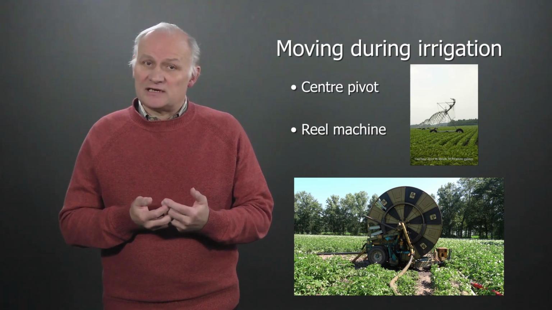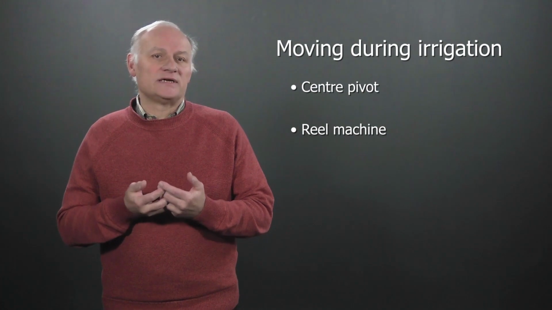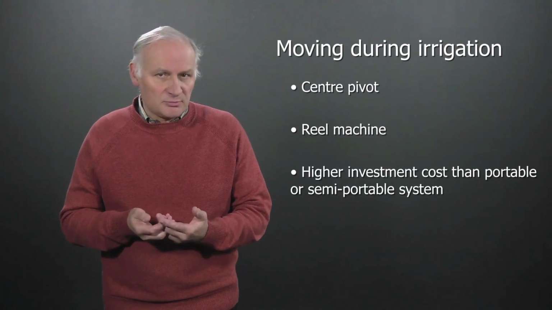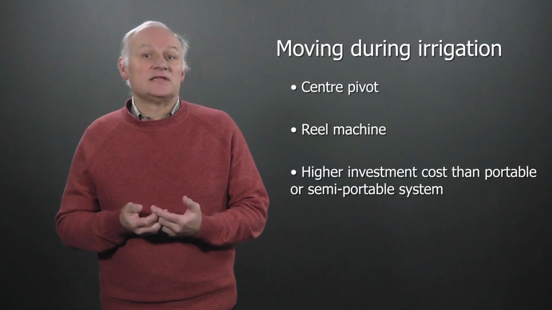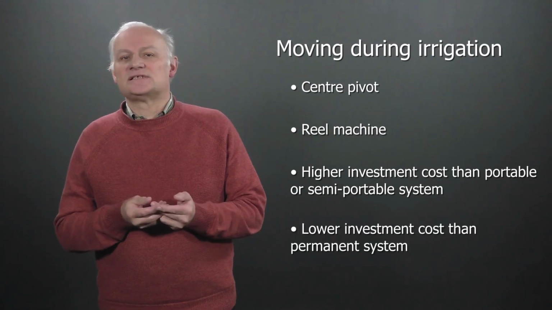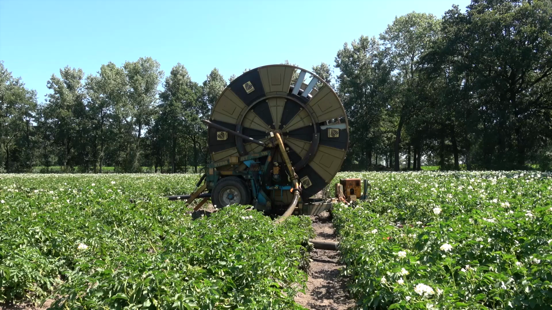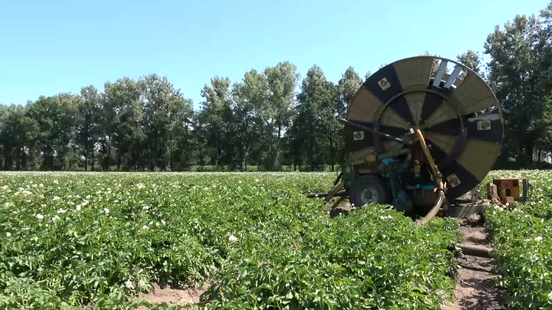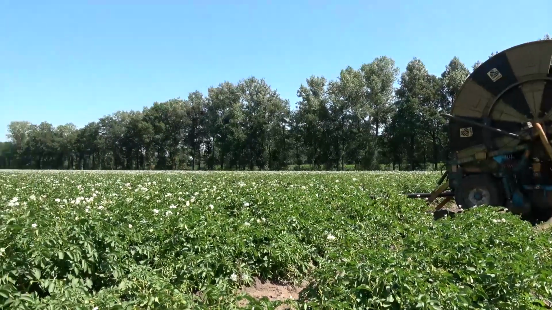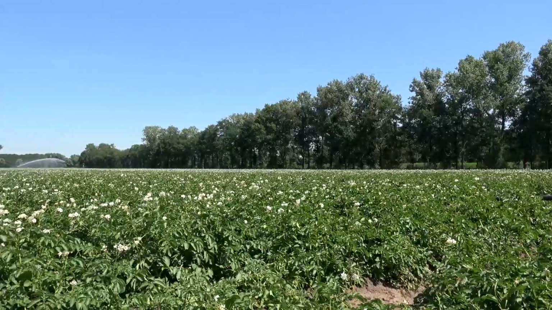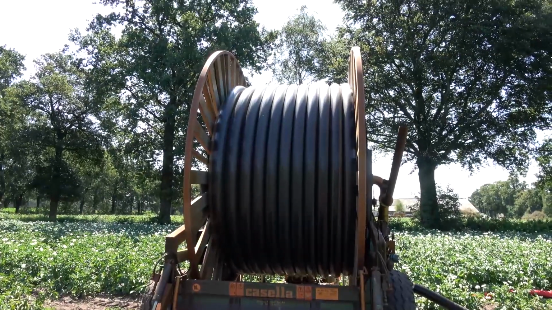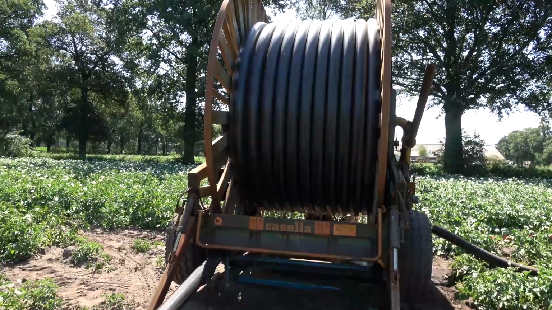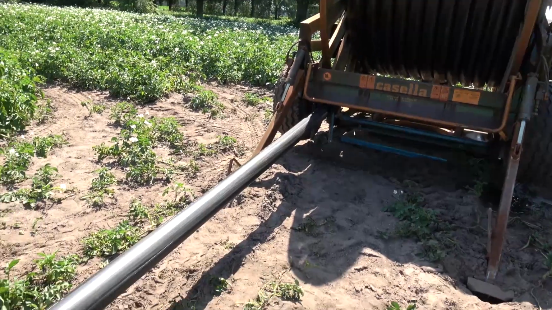Their investment per area is somewhat higher compared to a portable or semi-portable system, but it is much lower than a permanent system. For instance, the reel machine is very popular in Belgium and in many other European countries, as it is extremely flexible and can be easily pulled by a tractor from one field to the other. A typical rain gun reel machine costs about 40,000 euro.